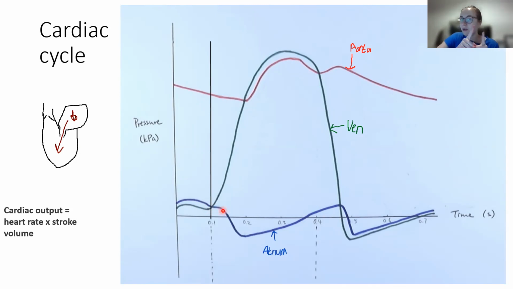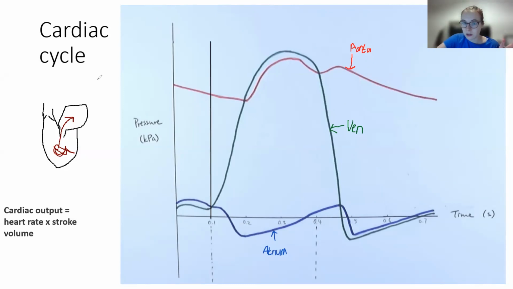Remember, blood wants to flow from high pressure to low pressure. So once the pressure inside the ventricle increases, blood is going to want to flow from high pressure inside the ventricle to low pressure inside the atrium.